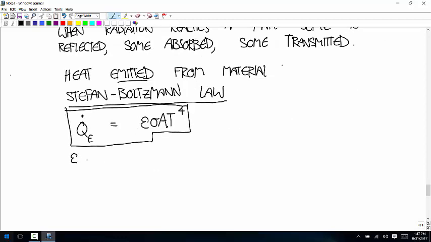This epsilon is called the emissivity. Values of the emissivity range from 0 to 1, so it's a measure of the material's tendency to emit heat. For example, it's really high, close to 1, for a matte black material, and very low, close to 0, for a shiny white material.